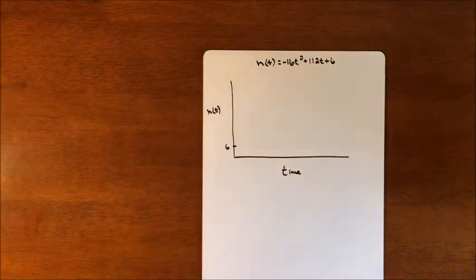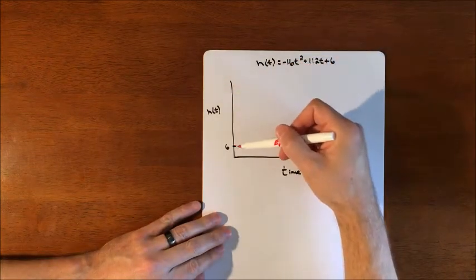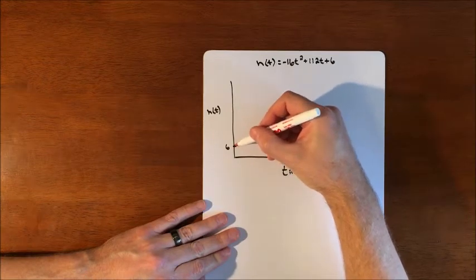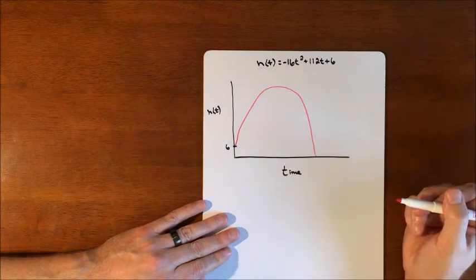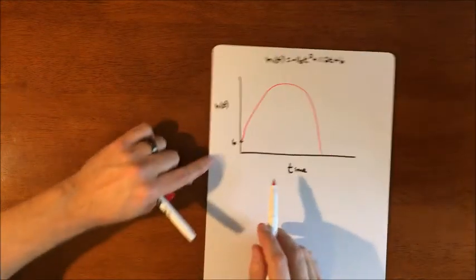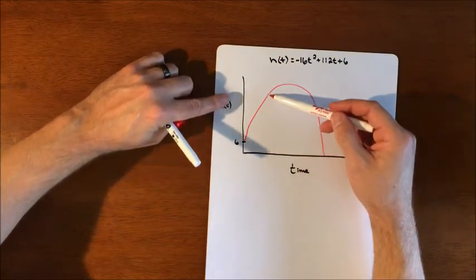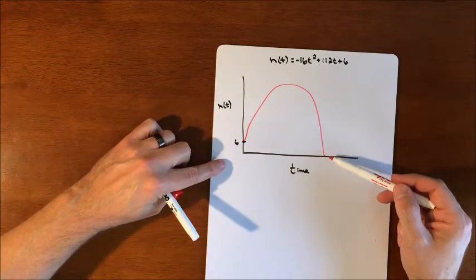All right, and it is a quadratic, and this object is going to go up, come back down, but as time is elapsing, and it's not the path, but this is the look with respect to time. So as time is elapsing, the object goes up, the object comes down, hits the ground.